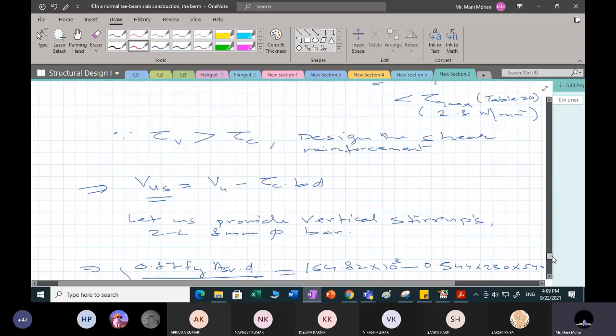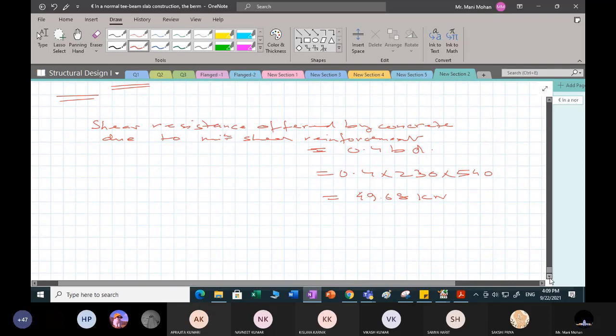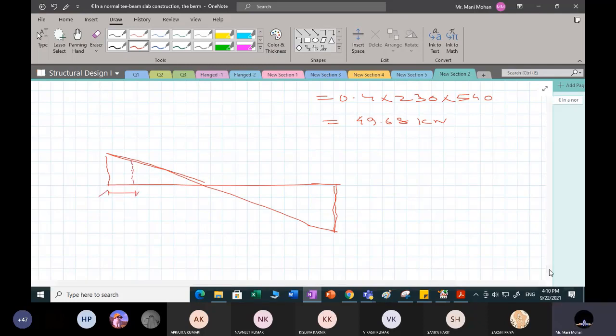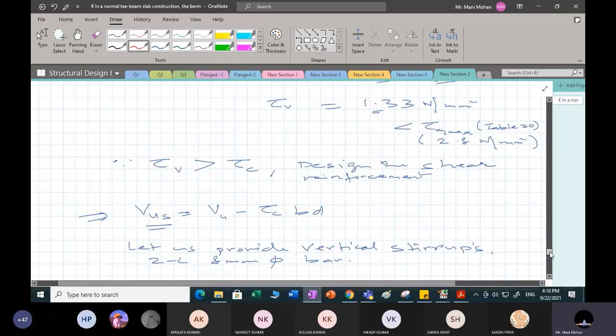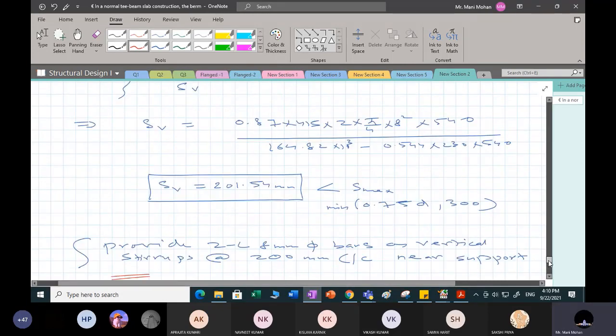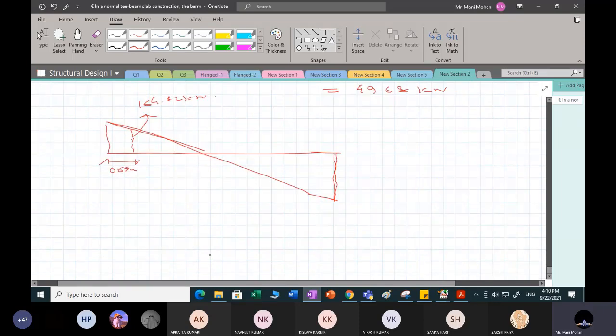Now, this is the shear force diagram which you have. At the critical section, which is located at a distance of 0.69 meter, you have computed the shear force, which was 164.82 kilonewton.